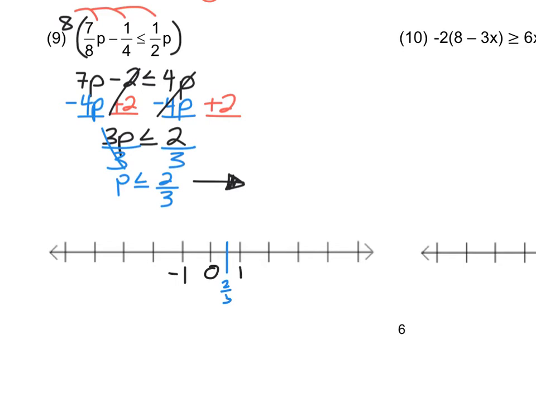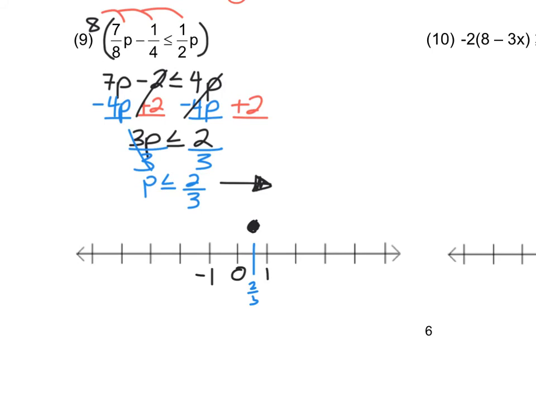What kind of circle goes above the 2/3? Closed. Which way am I shading? To the left. And again, I could just follow the direction of the symbol here. I can only do that because I have a variable on the left-hand side. If I had a variable on the other side, I'd have to make an adjustment.